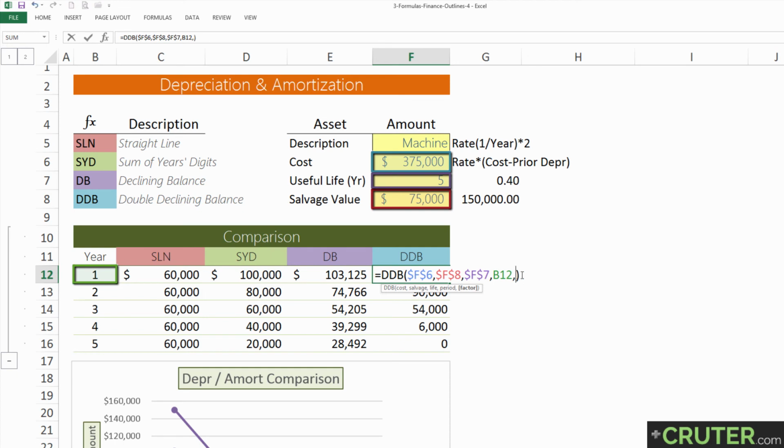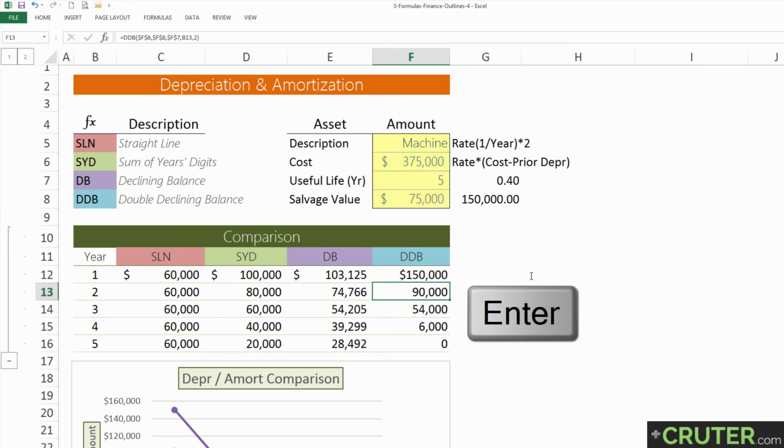We could change this to 1.5, and like I was saying in this previous DB one, you'll see this in accounting where you take 150% as an accelerated declining balance, but it's not a double declining, which would be 2. You could also change this to 3 or 4 or whatever you want. Just note that you're going to be depreciating a lot in the first year, and then it'll be tapering off as you go. So let's leave it at 2 and just hit enter. And you'll see 150,000 is returned. Each year thereafter, it's a little bit less and less. And then in year 5, it even comes down to 0.